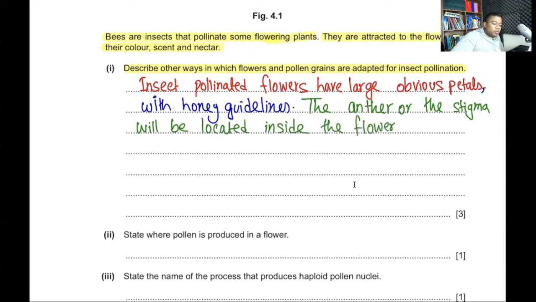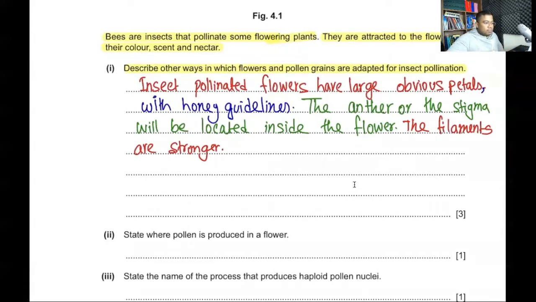Any one of them will be located inside the flower because the plant wants to prevent self-fertilization. The filaments are stronger so that they are not broken by the insect's arrival.